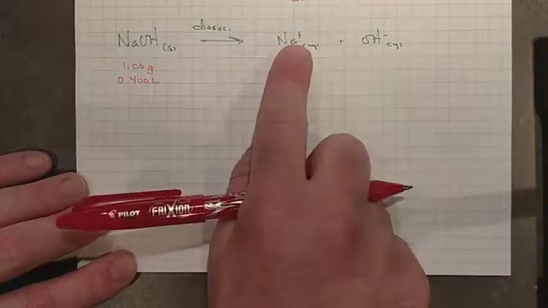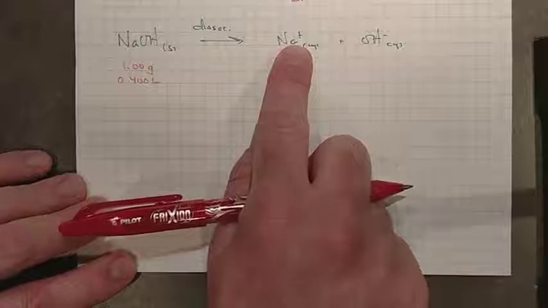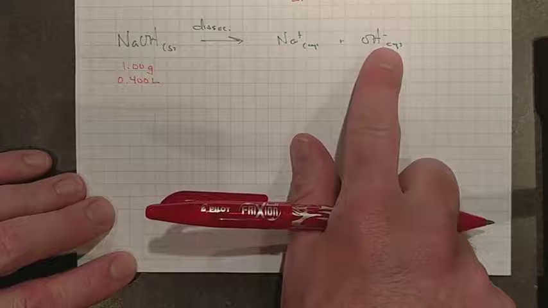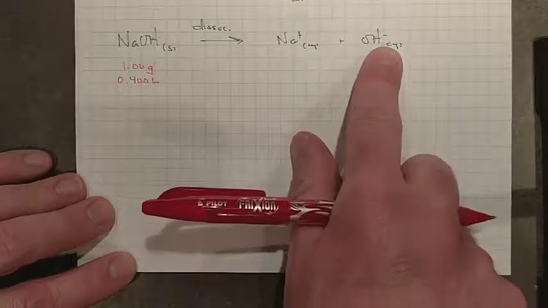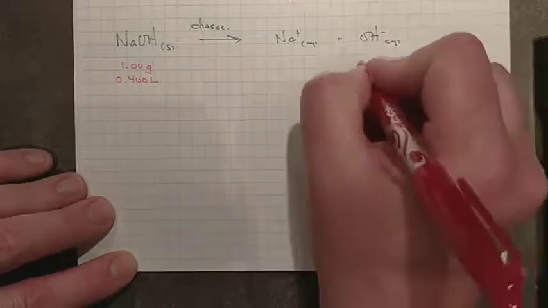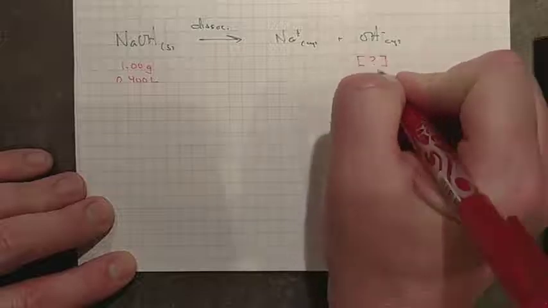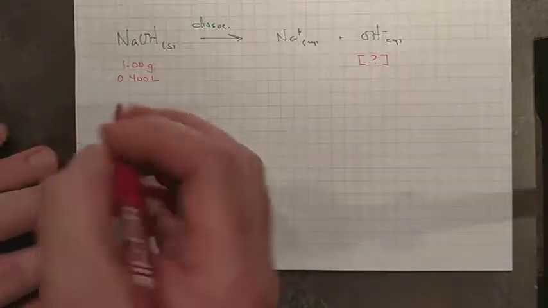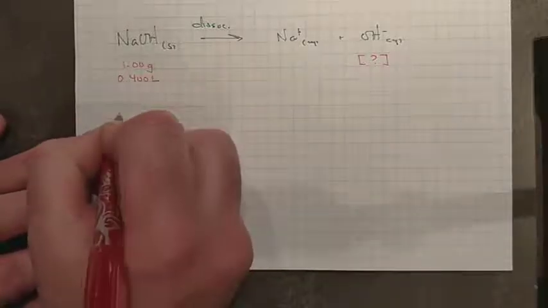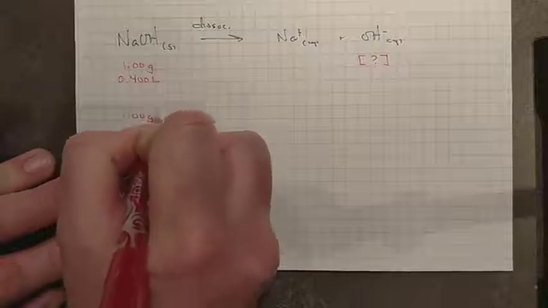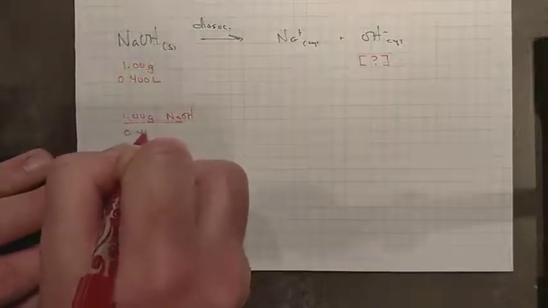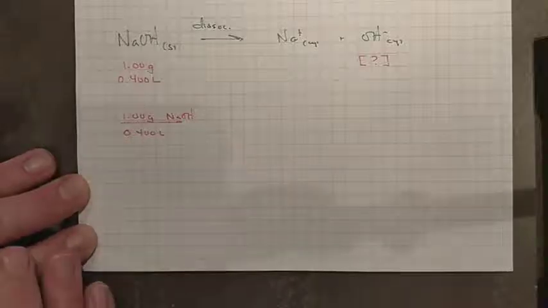Sodium we don't really care about, it's just an ionized metal. For pH and pOH, we're more concerned with our hydroxide and hydronium, so we can go straight there with our stoichiometry, since the balanced equation allows us to directly figure out hydroxide ion concentrations. Let's build our concentration equation: 1.00 grams of NaOH over 0.4 liters of solution.